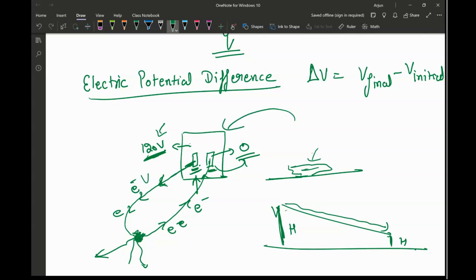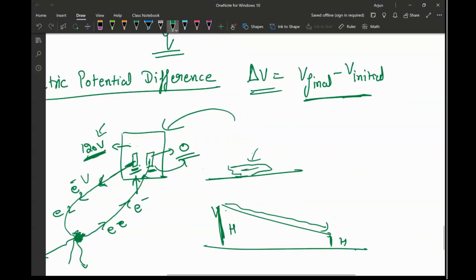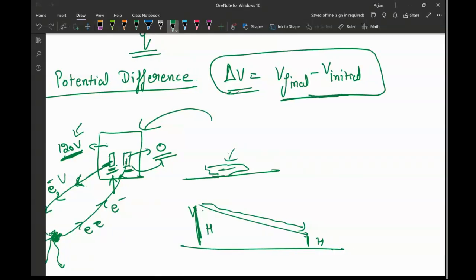The same concept can be applied to electric potential difference. Because of the electric potential difference, you get electricity in your house. Electric potential difference is denoted by the formula delta V, which is equal to V final minus V initial. Now, this was the theory part of chapter 11.2.